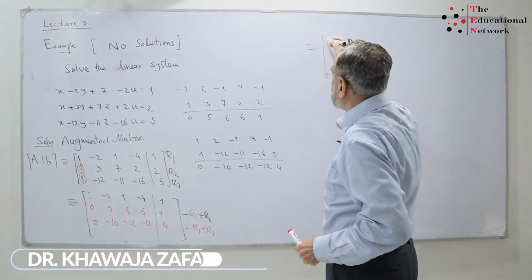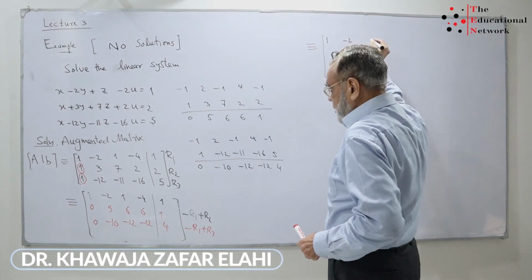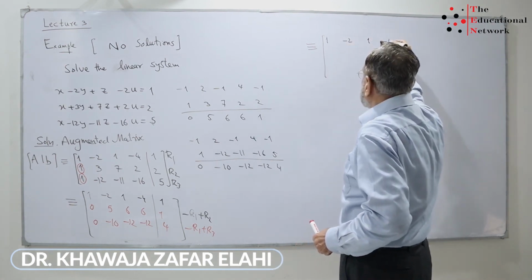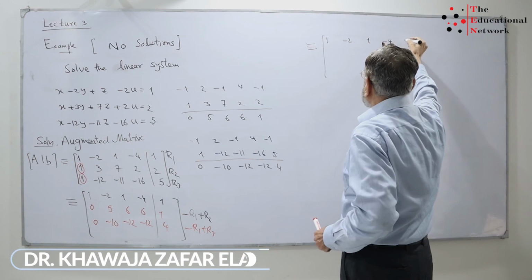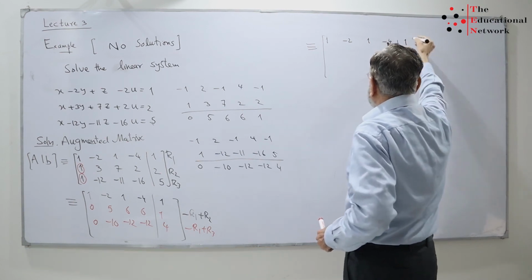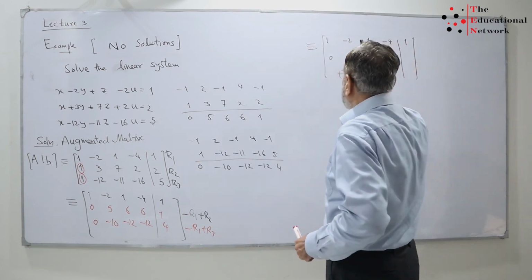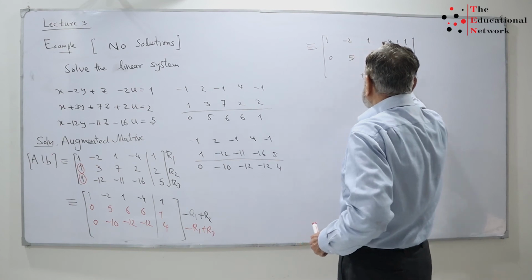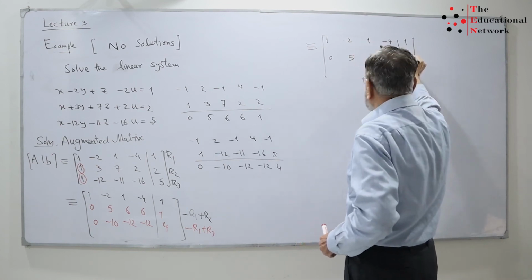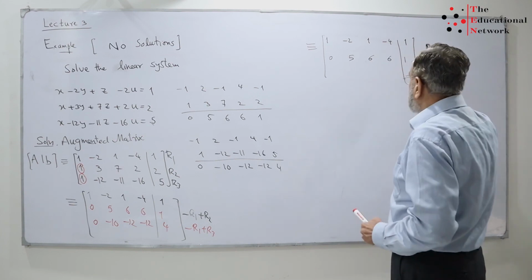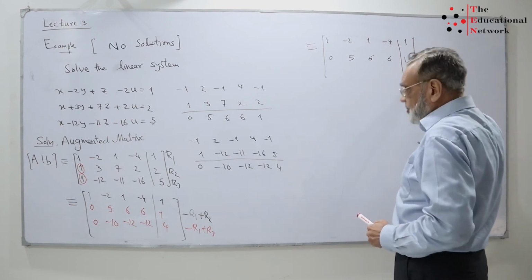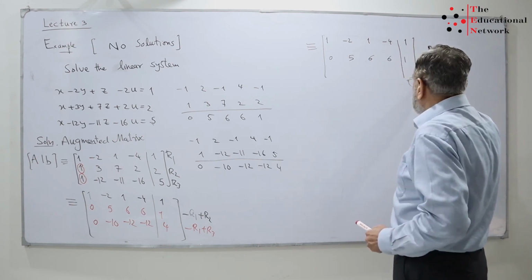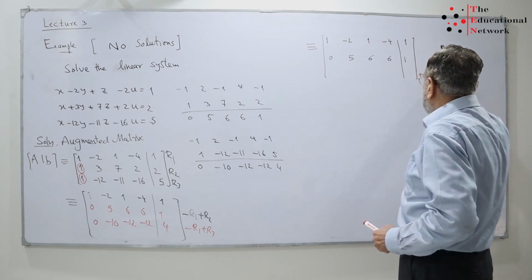We have 1, minus 2, 1, minus 4, and 1. So this is my row 1. My row 2 is 0, 5, 6, 6, and 1. So I multiply this row 2 by 2 and add to row 3.